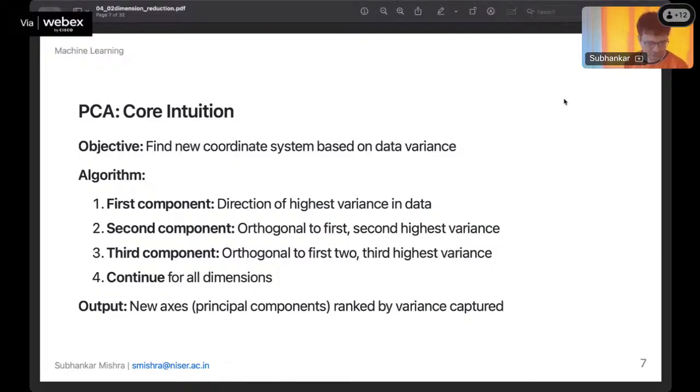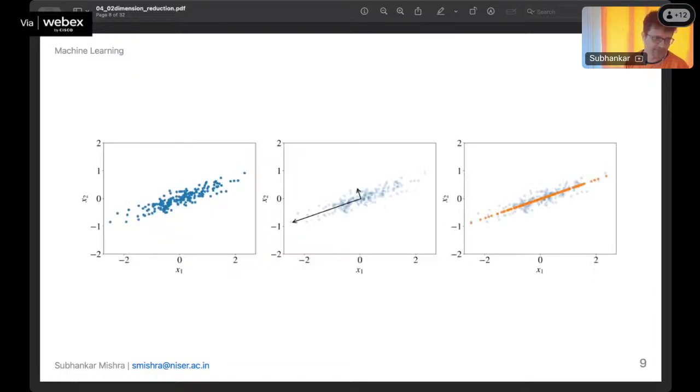I'll just quickly show you the example here. Let's say on the left hand side we have these data points. Variance means where the data points vary a lot in value. Here, the vertical one is x2 and the horizontal one is x1. These are individual features of the same data point: x1 and x2 together make the input data point x.